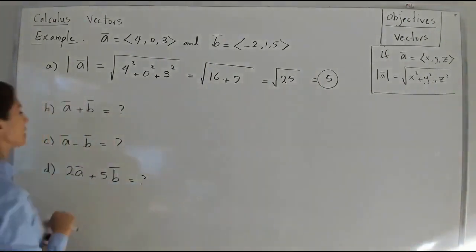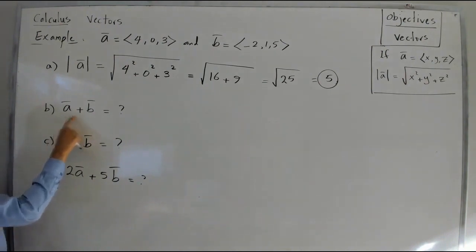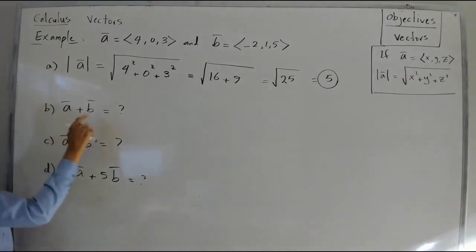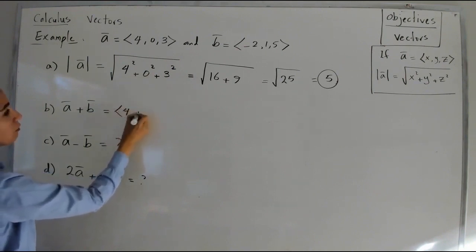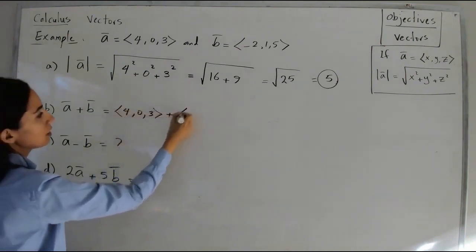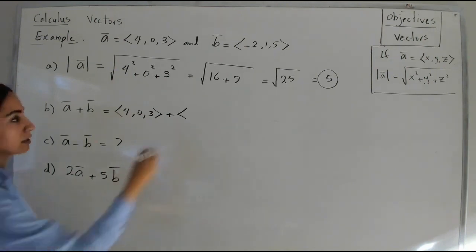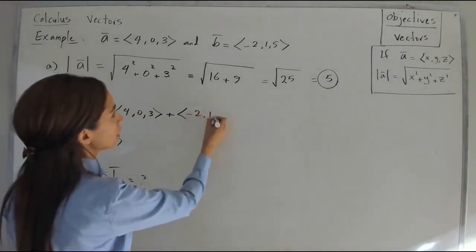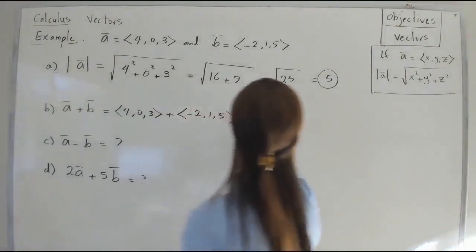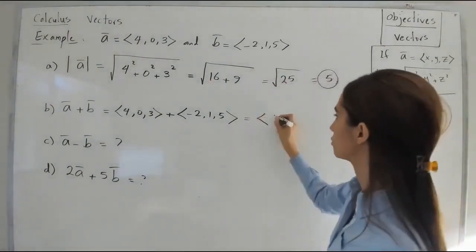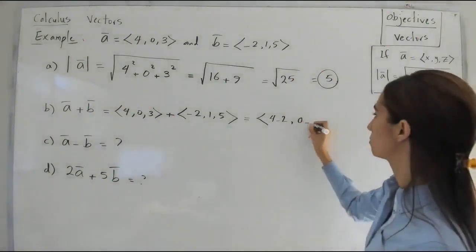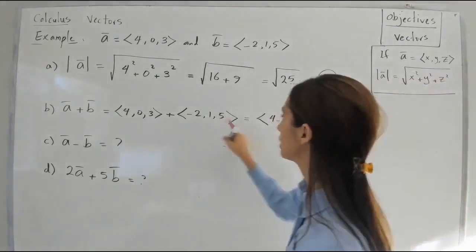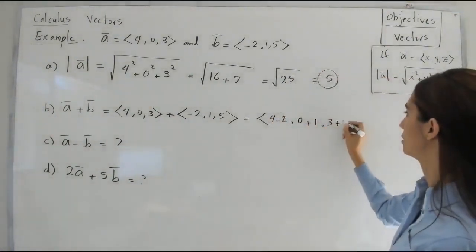B, it says, well, what is the addition between these two vectors? We take the components of the first vector, 4, 0, 3, and we take the components of the second vector, add them together. So here we have 4 minus 2, comma, 0 plus 1, comma, 3 plus 5.